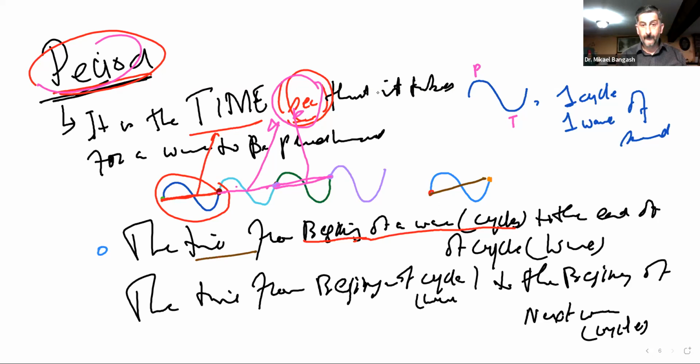Whereas if you look at this statement here, it is explaining the same thing: the time from the beginning of a wave or cycle to the beginning of the next wave or cycle. Which time am I accounting for?